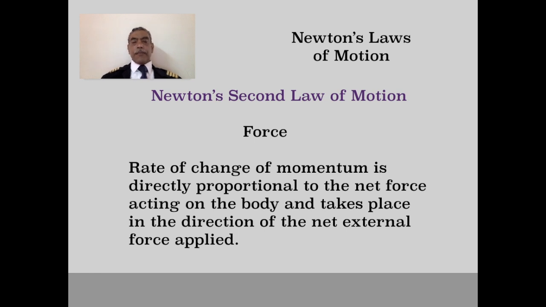The rate of change of momentum is directly proportional to the net force acting on the body and takes place in the direction of the net external force applied. This is what is very important: the change of momentum takes place in the direction of the force applied. That's what we are going to take up for further explanation.